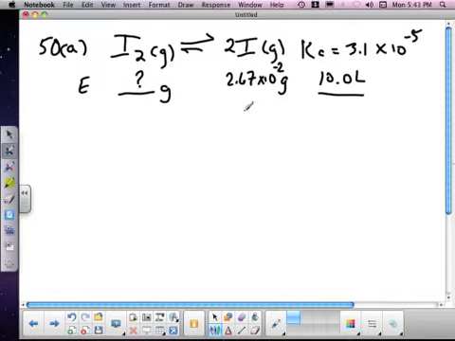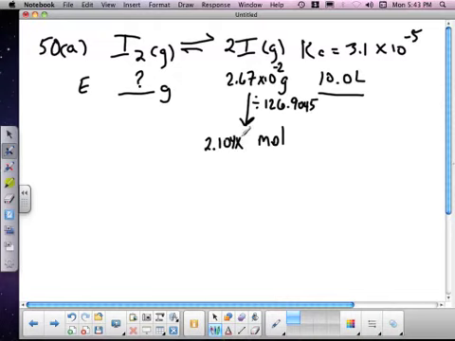So taking the 2.67 times 10 to the minus 2 grams of I and changing it to, first of all, moles means I am going to be dividing by the molar mass, which for just one I is 126.9045 from the periodic table. When I do that, I get 2.104 times 10 to the negative 4 moles.